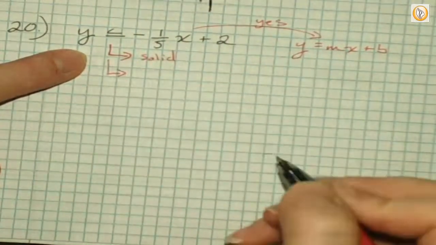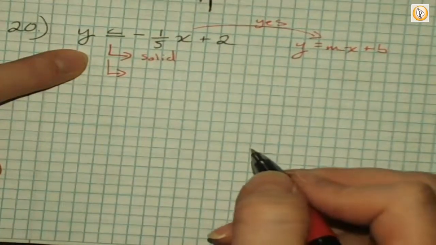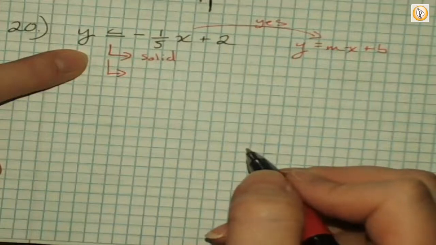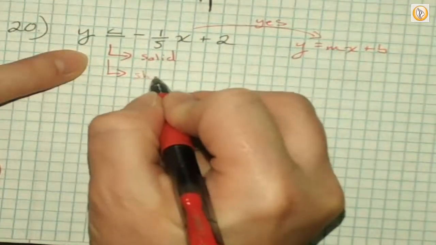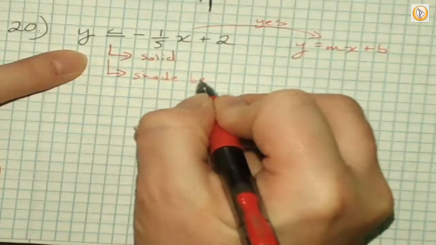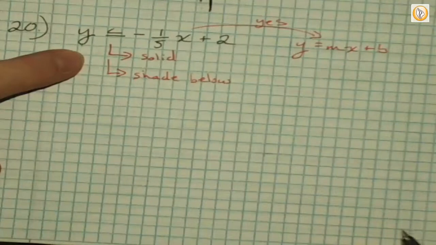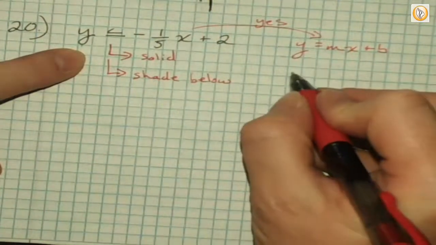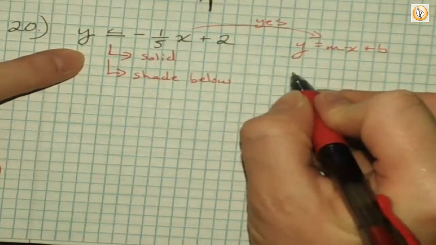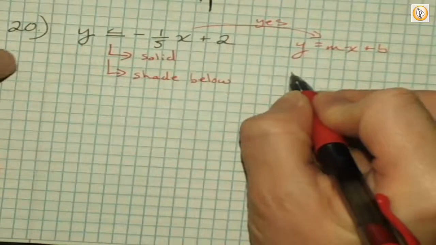Are you shading below or above, Whit? You're shading below. Very good. See how I'm writing all this down? These are my little notes. Shade below. And by the way, even as a math major in college, I wrote this stuff down for every single problem. Now, my other question, Izzy, what is my slope?